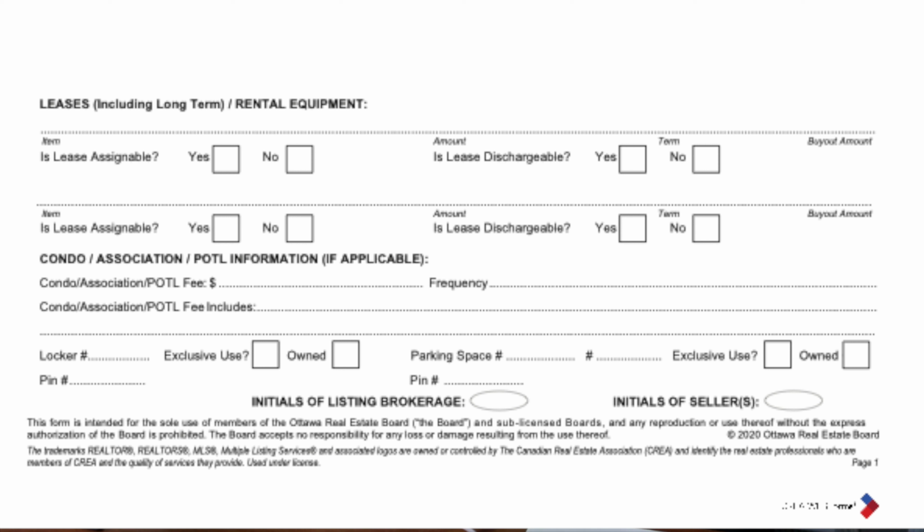In the next portion of this form, we talk about leases. And that could be a hot water tank rental, it could be an alarm system, it could be your propane tanks. There are a number of things that could be included. Sometimes it's even a furnace or an air conditioning unit. So we have to know the terms of these leases.